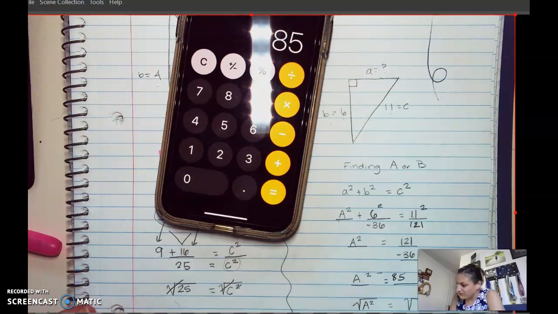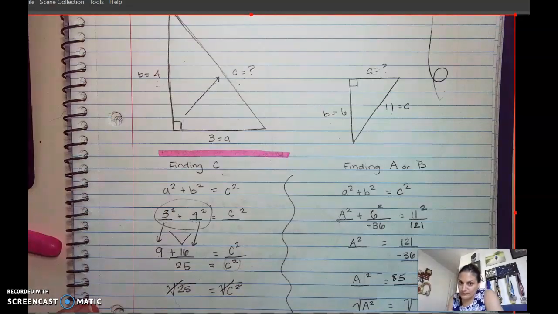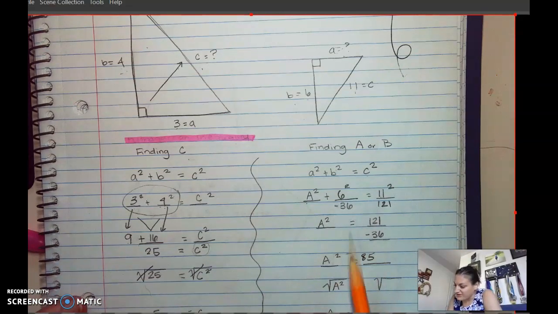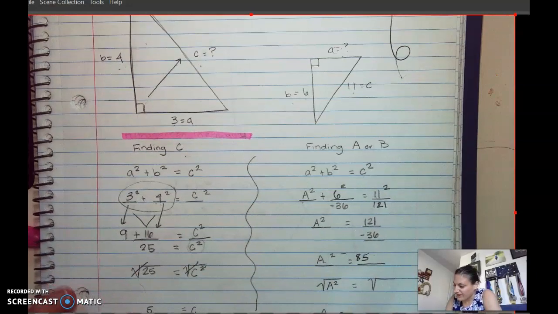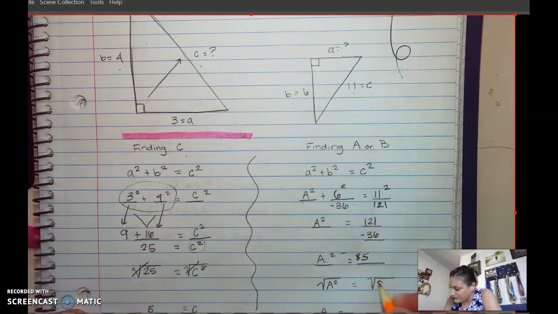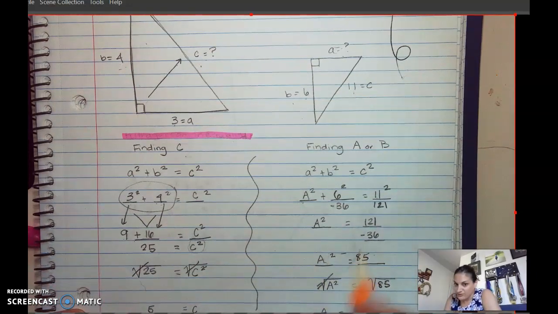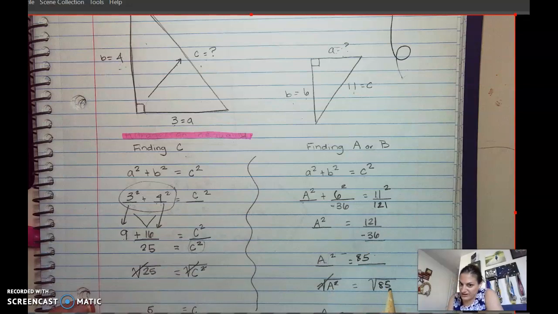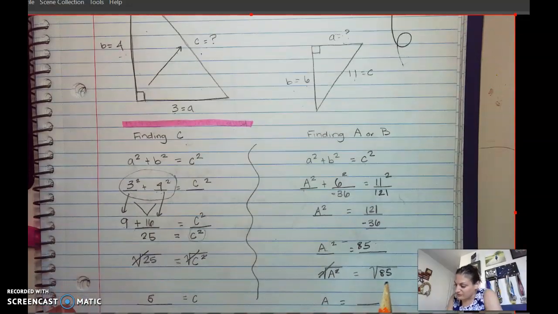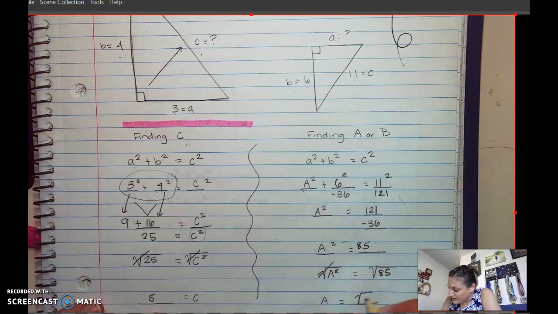And again, my a value is not alone, so I have to make sure that I'm taking the square root of that number, because the square root and that square will isolate this. I personally know that 85 is not a perfect square, so you can technically leave it as the square root of 85.